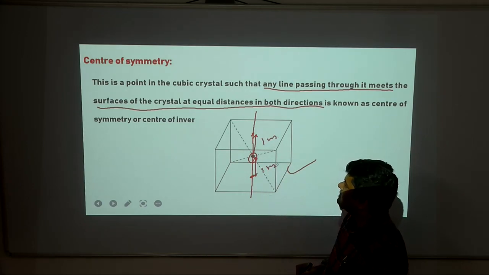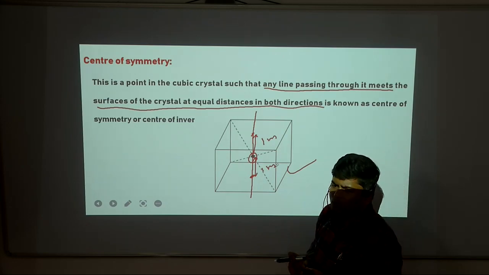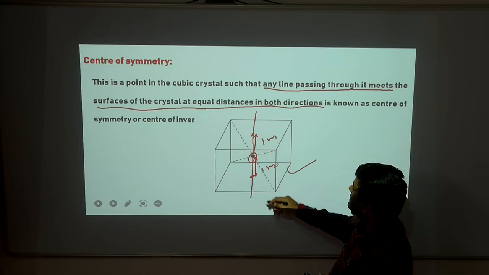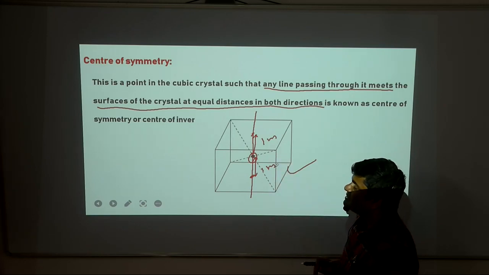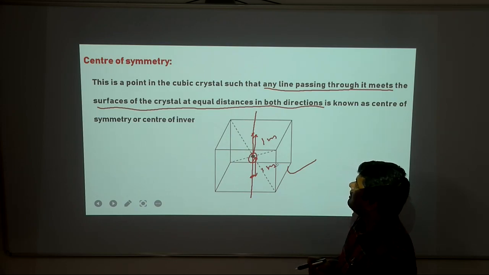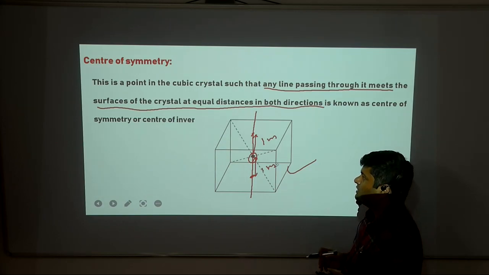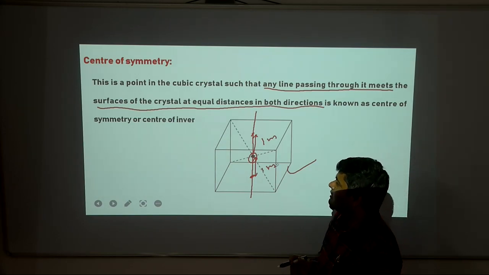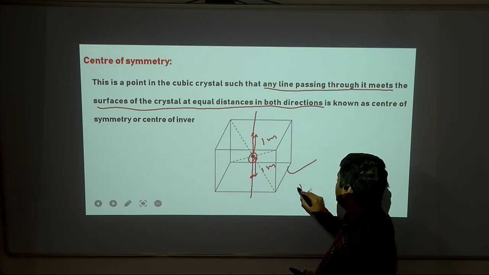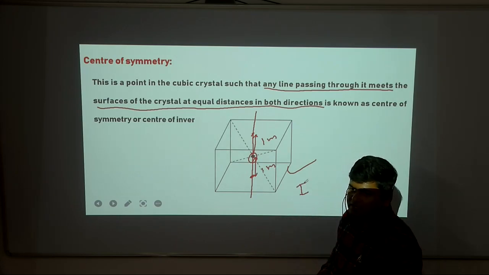So center of symmetry is a point in a cubic crystal structure system such that any line passing through this point meets the surfaces of the crystal at equal distances in both directions, and such a point is known as a center of symmetry or center of inversion. As center of inversion, it is represented by the symbol I.